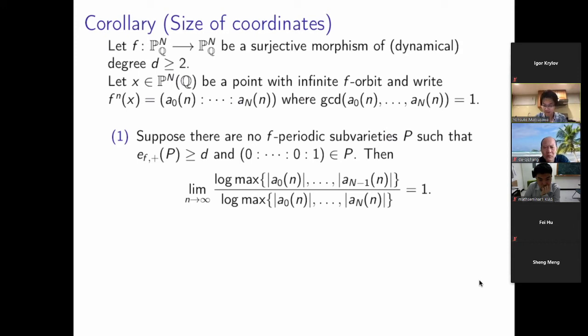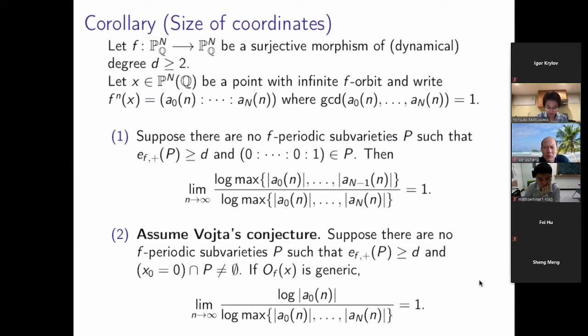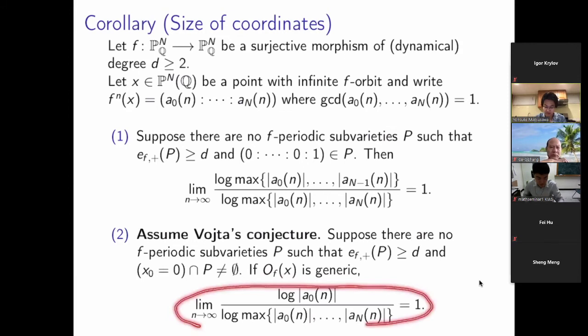And if we assume Vojta's conjecture, we can say more. Again there are ramification conditions, some obvious conditions, and we also assume the orbit is generic. Then we can say that the sizes of the coordinates are the same.